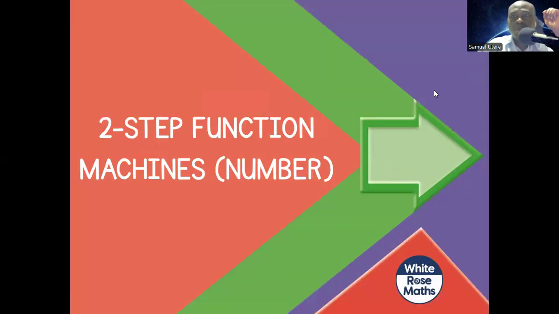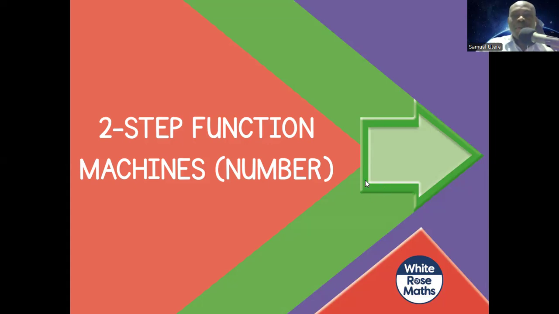Okay, so in your previous lesson, you learned about substituting into single operation expressions. In today's lesson, you're going to learn about using numbers to work with two-step function machines.